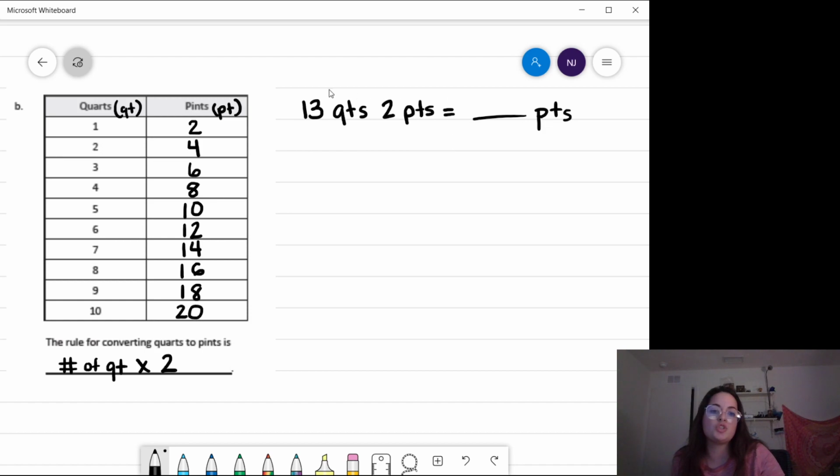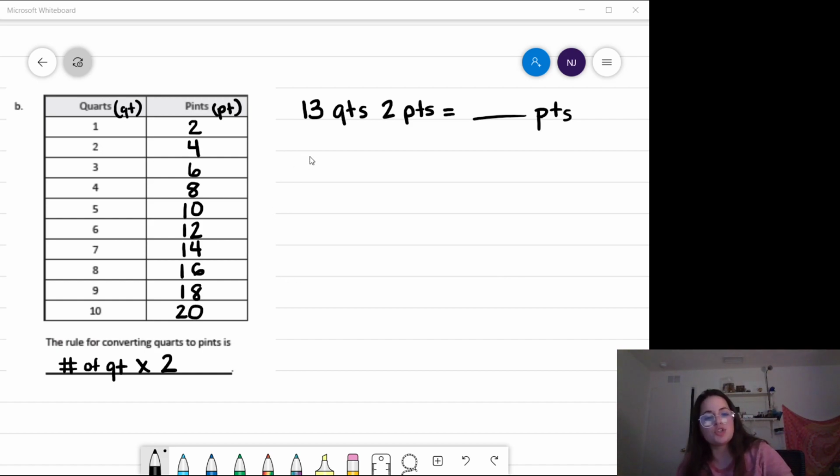So the strategy that you use is probably going to be similar to the strategies that we've been talking about in the previous examples. If you need to rewind and see how we solved the previous ones, just using this new rule, you can use that to help you figure out how we're going to solve for this one. So go ahead and pause the video, play it whenever you're ready.